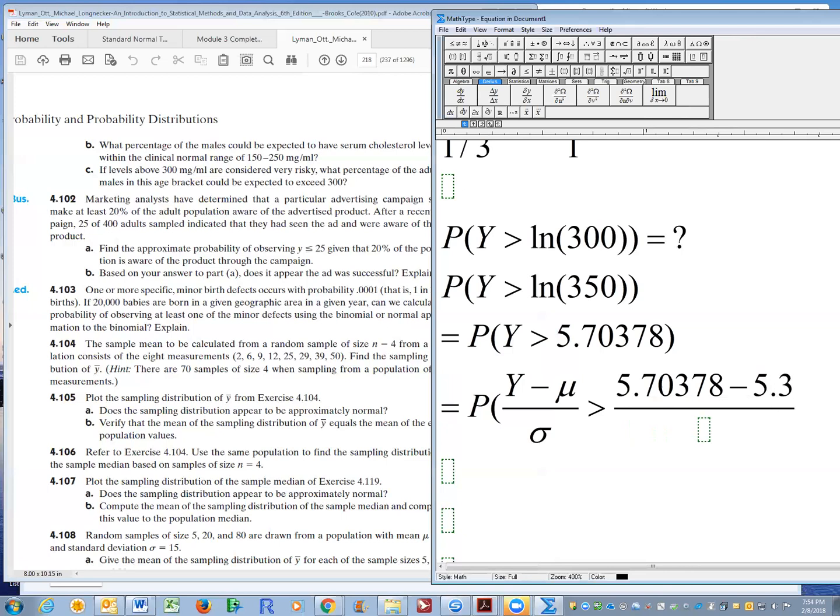Yes, sir. Okay. And then divide by the standard deviation, 0.12. Mm-hmm. All right. So this equals the probability, this y minus mu over sigma, that becomes z. And see if this number is different than what you were getting before. Okay, so if I do that number, then I've got 2.948.